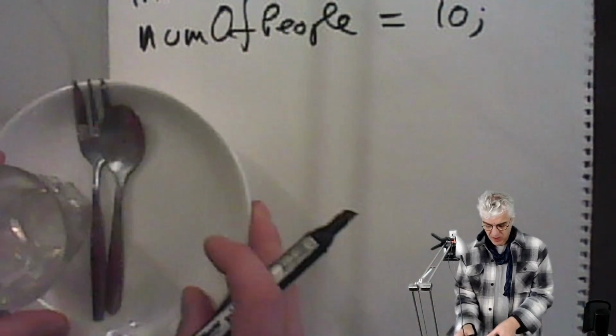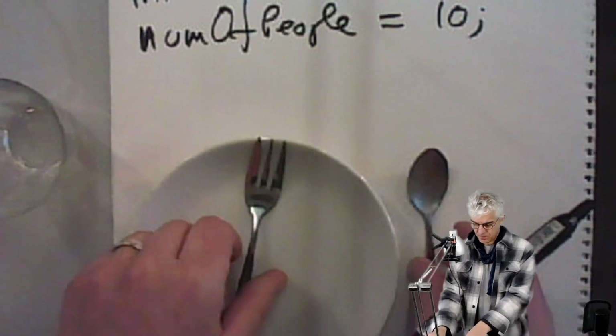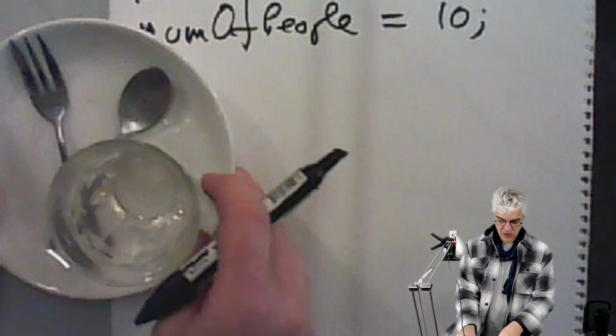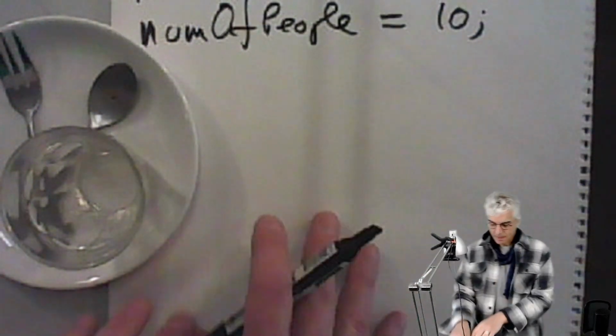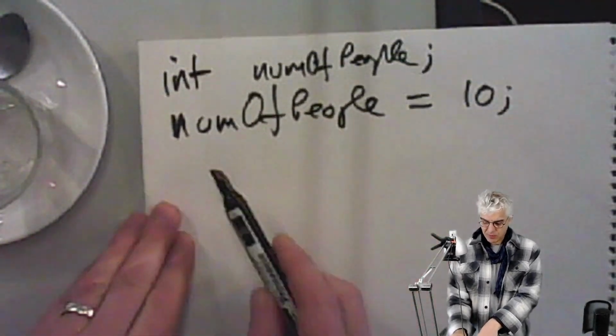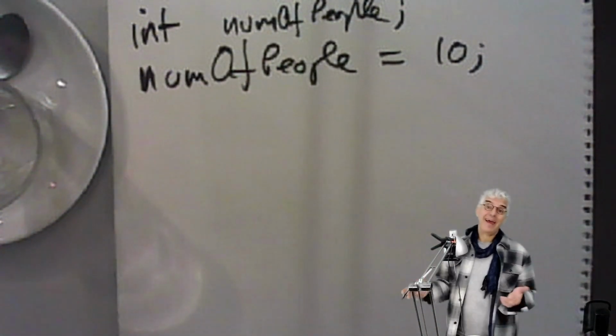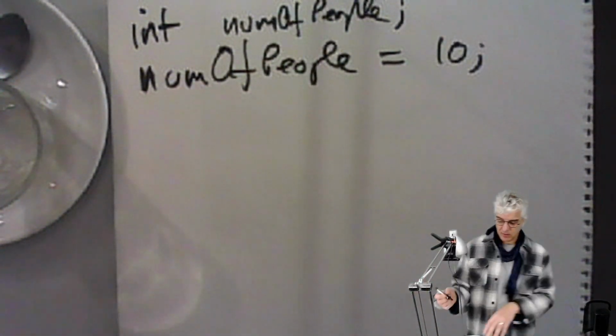I've got the things that I want to take for my barbecue: a plate, a spoon, and a fork, and a dirty glass for every single person. And I've made an integer with the number of people, and I've said that the number of people coming is 10. And I might want to work out how heavy is this stuff. Can I take it on my bicycle?